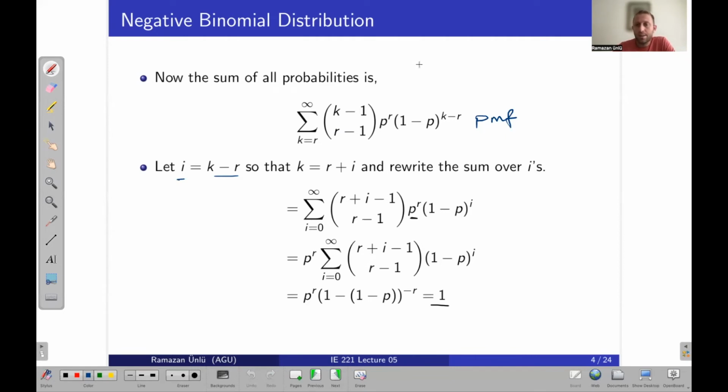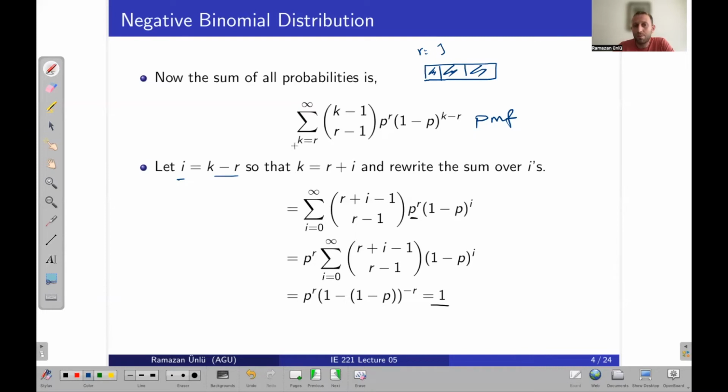And here, a small parenthesis: why does k start from r? Because let's say r is 3. That means I require 3 successes, so I have at least 3 trials, because if I'm lucky, I will get success, success, and success. If the required number of successes is 3, the number of tries cannot be 2, because it's not possible to get 3 successes out of 2 tries.